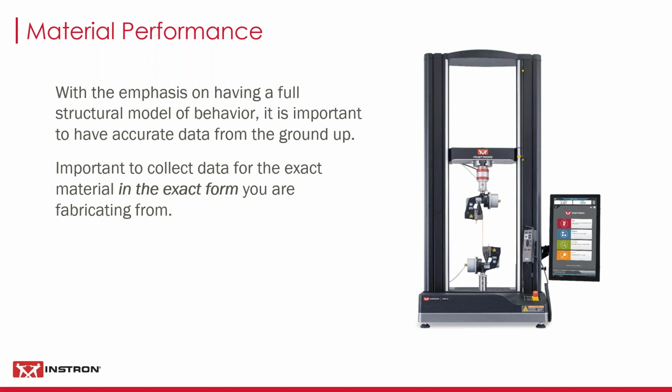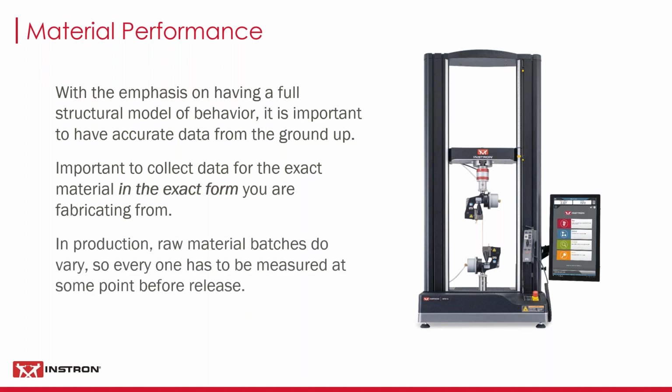So, as I was saying, it's important to collect data for the exact material in the exact form. I think there are some organizations who are prepared to accept some of the most basic data with a certificate of conformity from their raw material suppliers. And obviously, it's the usual rules. If you can show good traceability on that, then it's all okay.